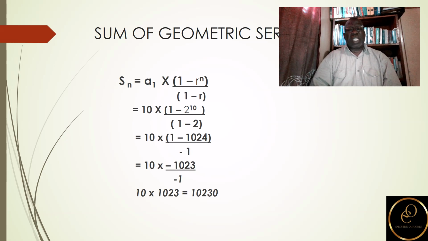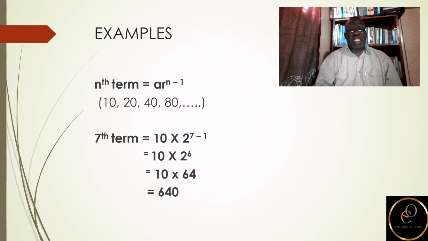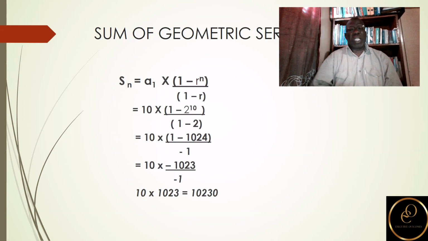Let's assume that we are looking at the same example again. In this series of 10, 20, 40, what is the sum of the first 10 numbers in this series? So that's why we are applying this formula.